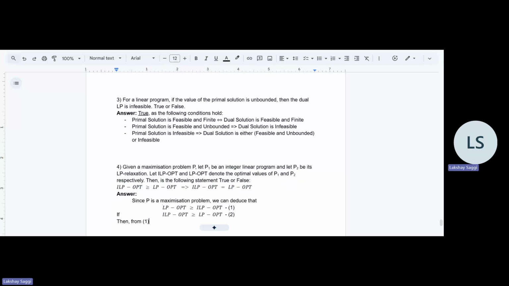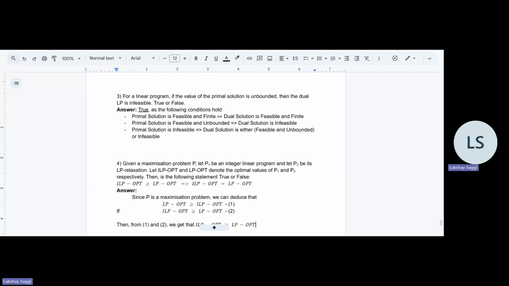This means that if x is greater than or equal to y and y is greater than or equal to x, it can only happen when x is equal to y. So from 1 and 2, we get that the values should be equal.